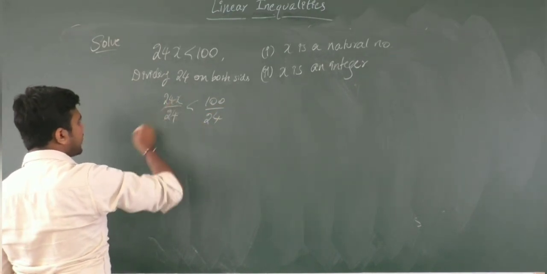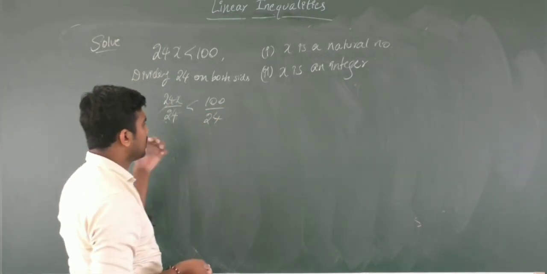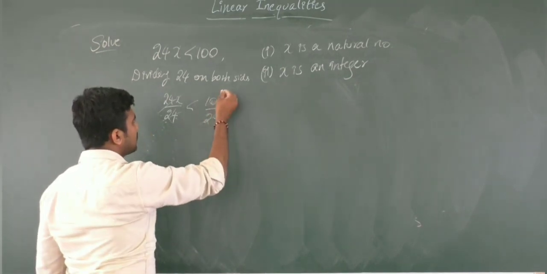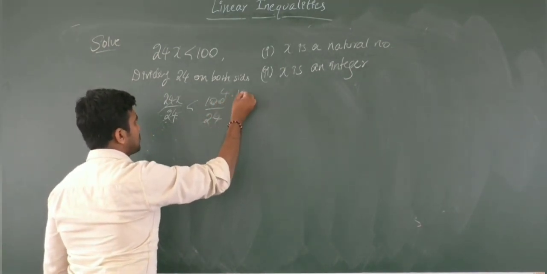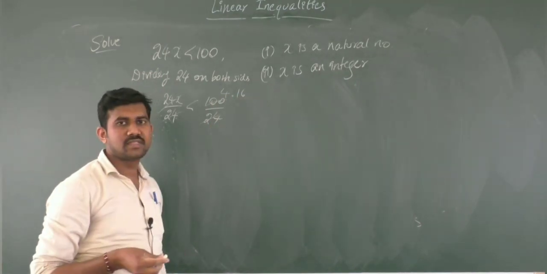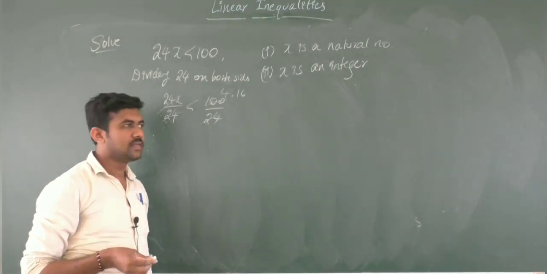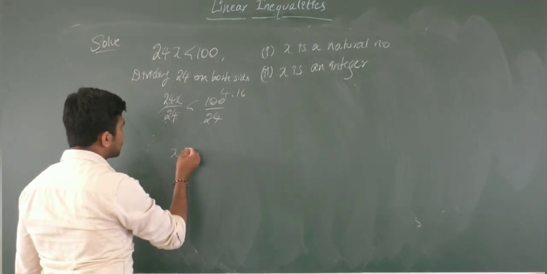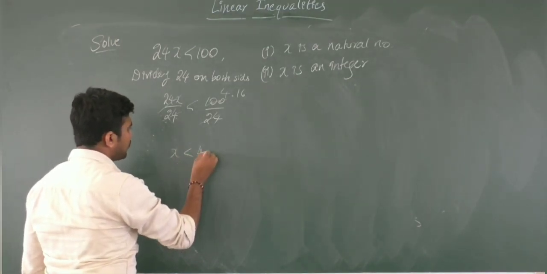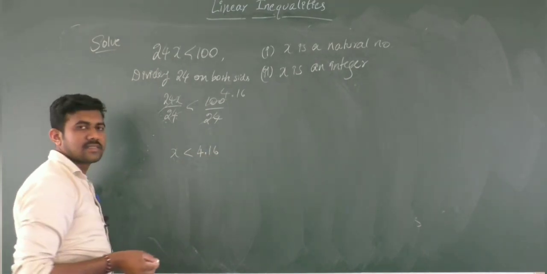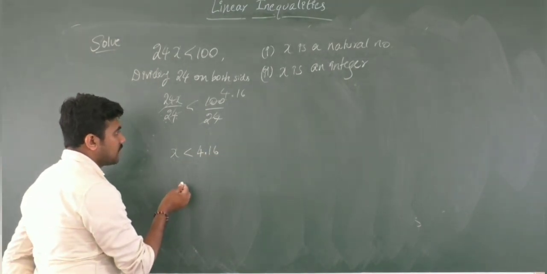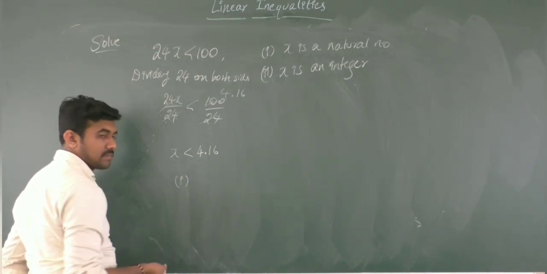Here 24 gets cancelled, and we can simplify. So we'll get 4.16. That is nothing but x is less than 4.16.